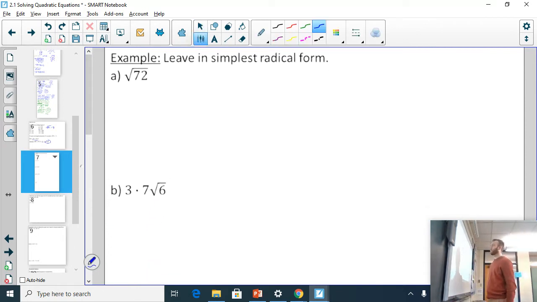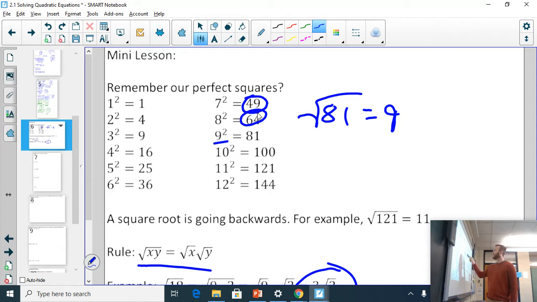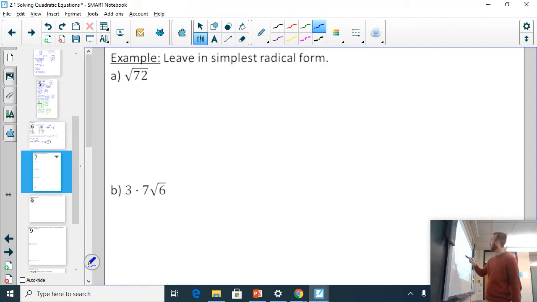So we have the square root of 72, and what I like to think of is I like to go back to this list, and I like to start under 72, so 64. Is 64 a multiple of 72? No. Is 49? No. Is 36? Yes, right?